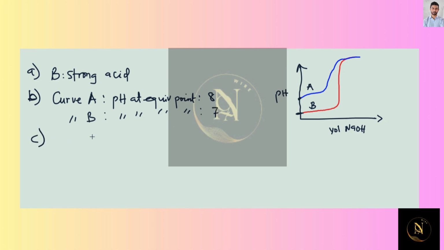Okay, so that's that. Then C said 40.0 milliliters of each acid was titrated with 0.1 molar base. So 40 ml acid plus 0.1 molar base.